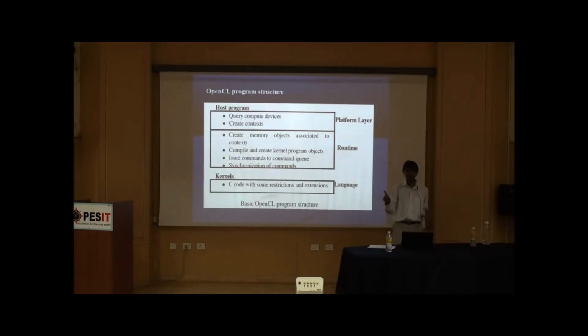That is one way. It will take the source code at the runtime while your host program is running. Okay? At the runtime, it will open the source code of your OpenCL kernel, take it and compile it, generate the code, and pass it to the command queue.